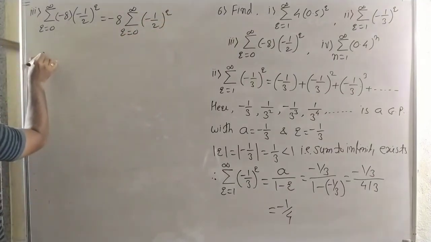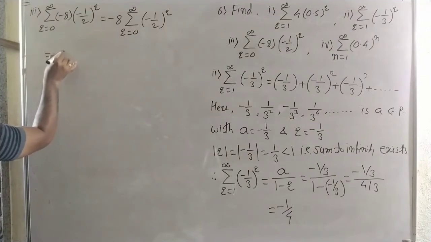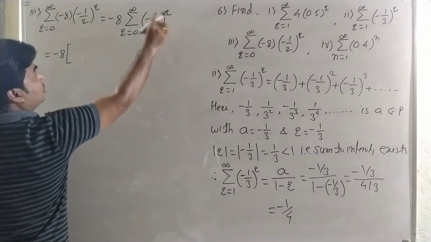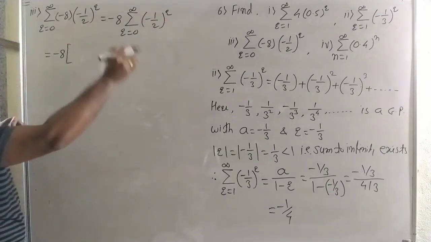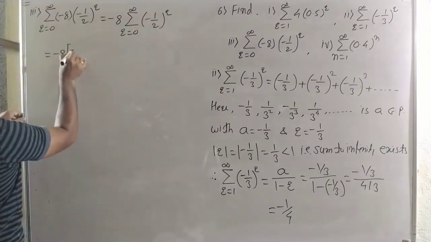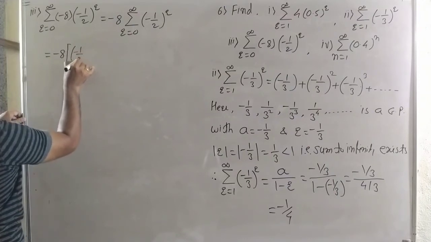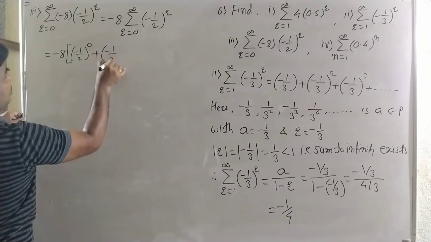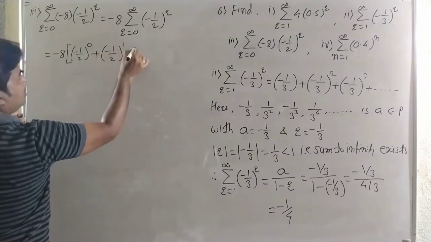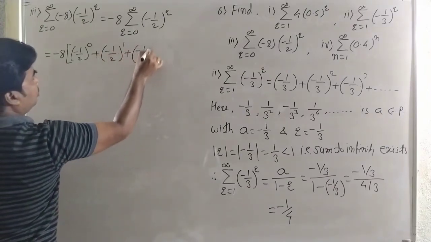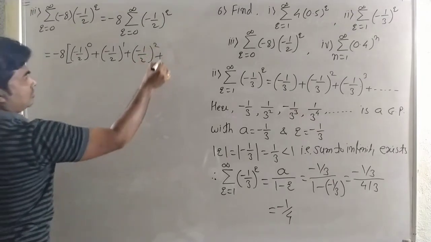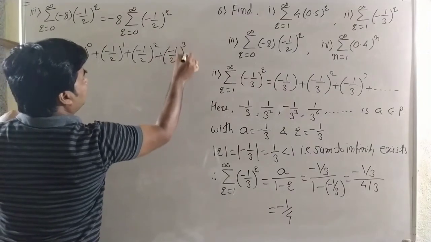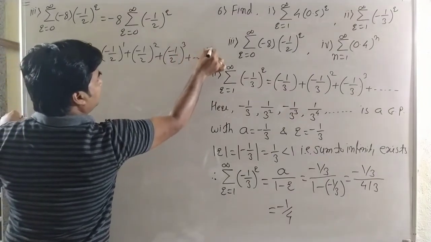Now here this can be written, it is a minus 8 into, take r is equal to 0, then r is equal to 1, r is equal to 2 up to infinite. Here minus 1 by 2 to the power 0 plus minus 1 by 2 to the power 1 plus minus 1 by 2 to the power 2 plus minus 1 by 2 to the power 3 plus and so on up to infinite.